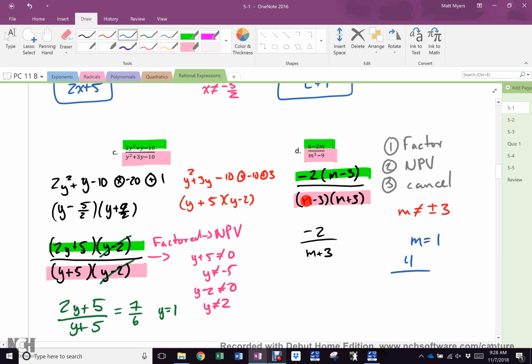And m minus 3 is negative 2. m plus 3 is what? 4. Negative 2 times 4 is negative 8, which would be negative 1/2, correct? Agreed? Now look at the simplified version. m is 1. What's 1 plus 3? 4. Which is negative 2 over 4, which is negative 1/2. Same thing. That's why we can cancel. Is everybody good? All right.